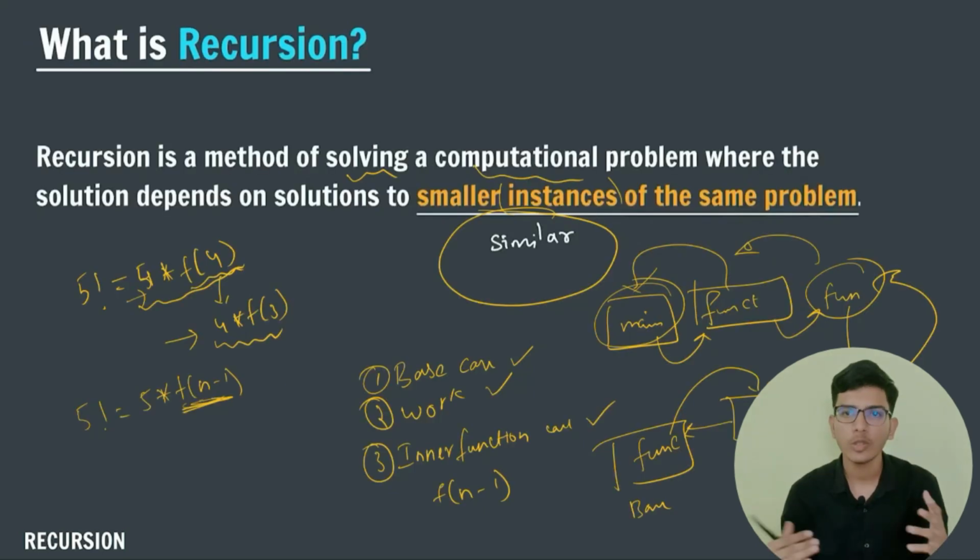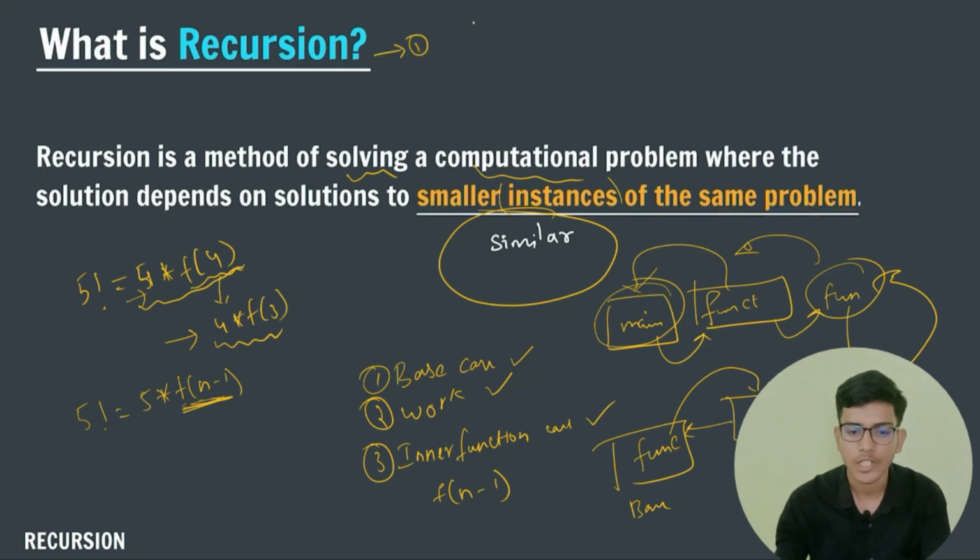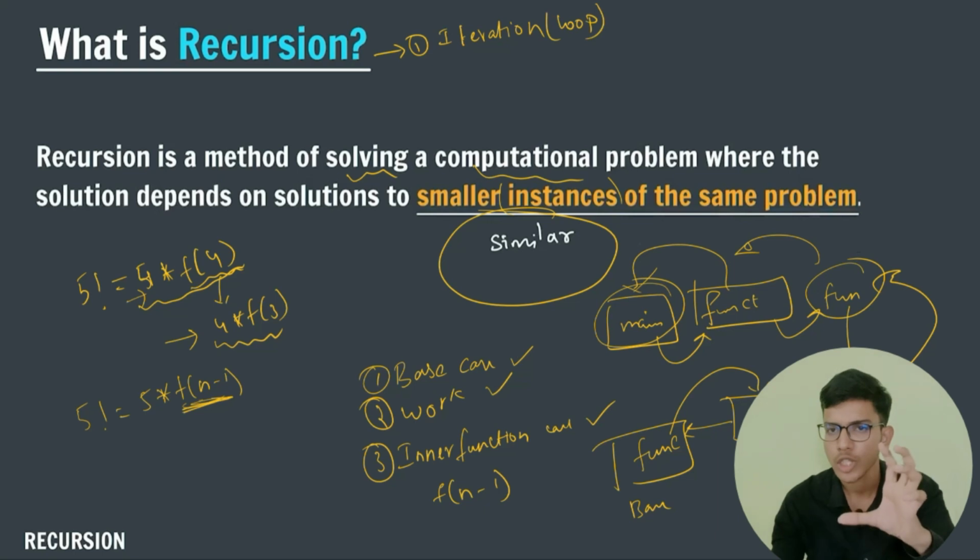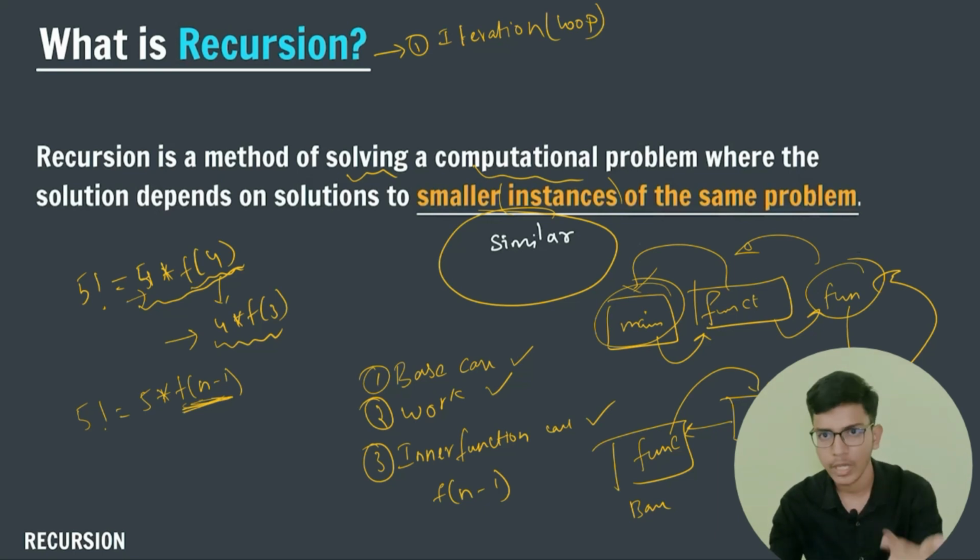Before we do the questions or learn how recursion works, you should already know two concepts. You should have studied two concepts. The first one is iteration, or in other words, loops. You should already have studied loops: what is a for loop, what is a do while loop, what is a while loop.